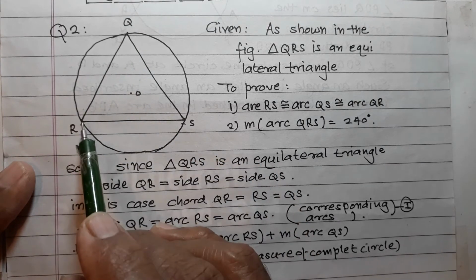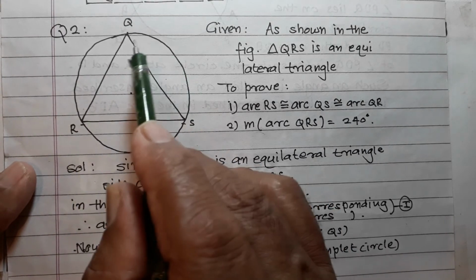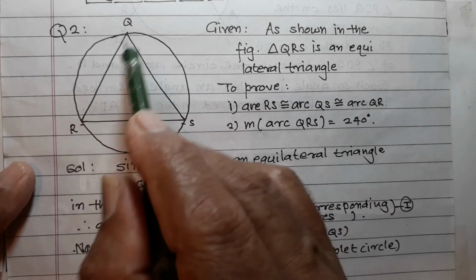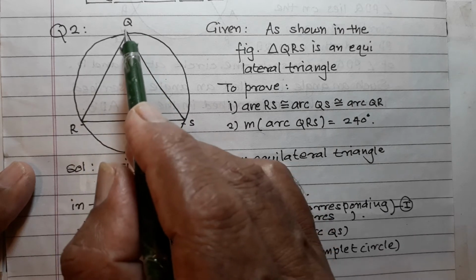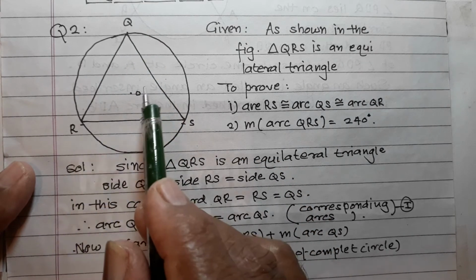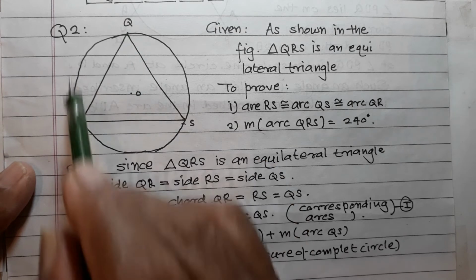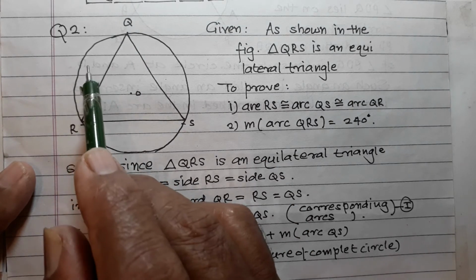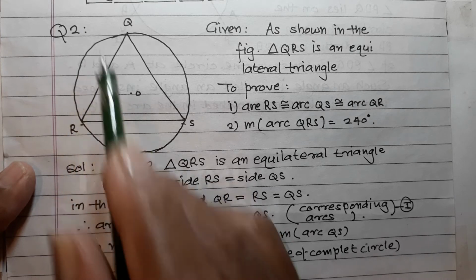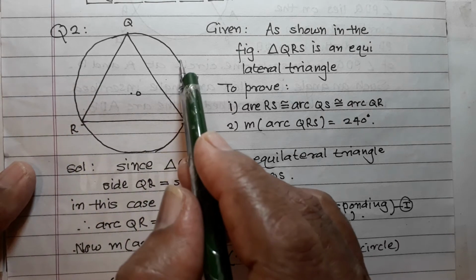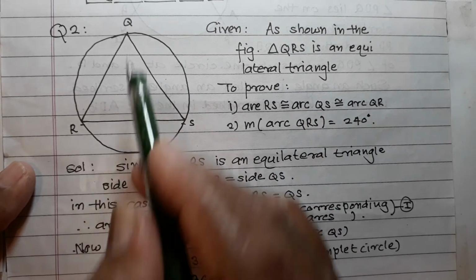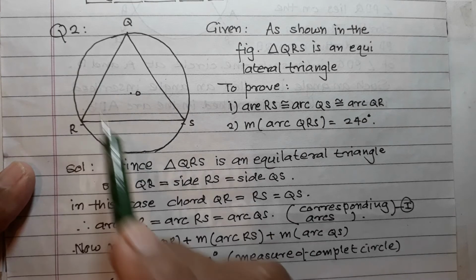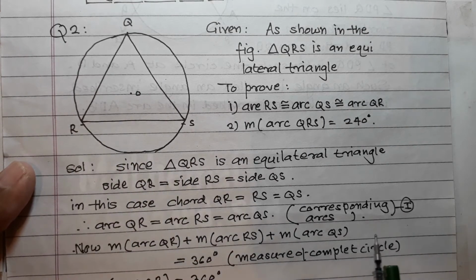Therefore this arc is equal to this arc is equal to this arc, and the sum of these is equal to 360, and therefore 3 times this arc is equal to 360, so this arc is equal to 360 divided by 3, that is 120. So this arc is 120, this is also 120, this is also 120.